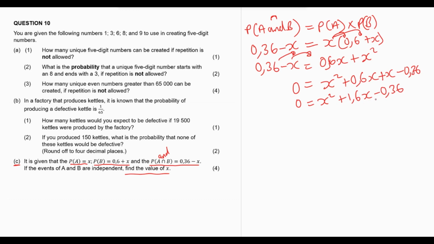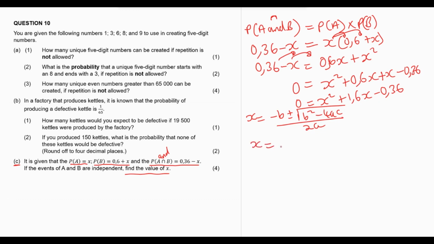We can factorize this, but I think the quadratic formula would be faster. So we can use the quadratic formula: X is equal to negative b plus or minus the square root of b squared minus 4ac, all over 2a. Then we do the substitution.